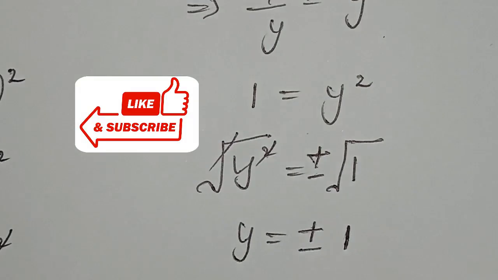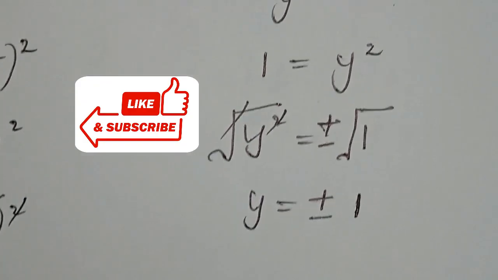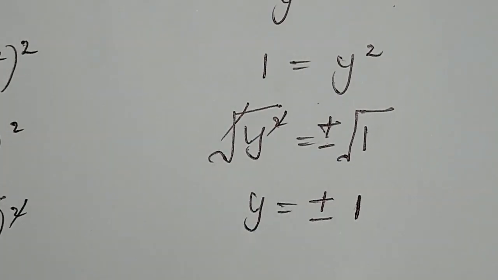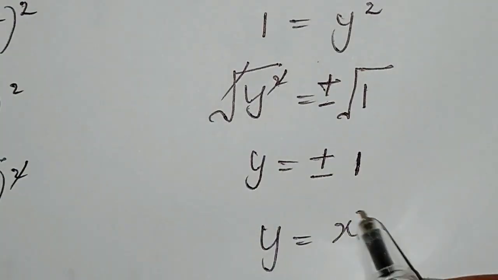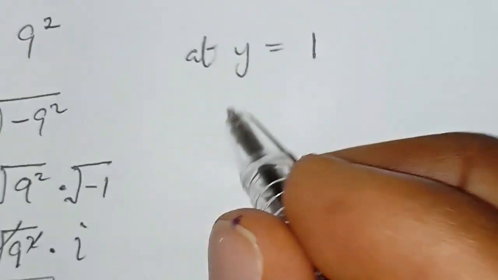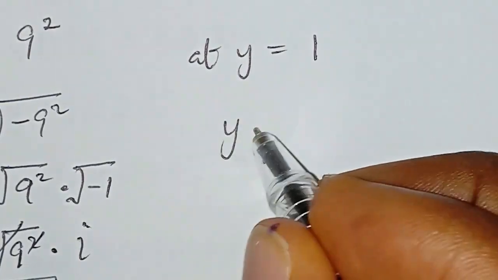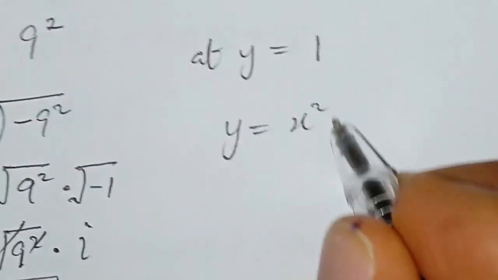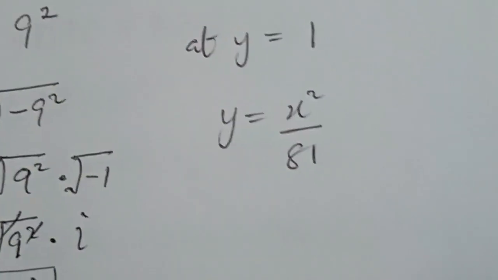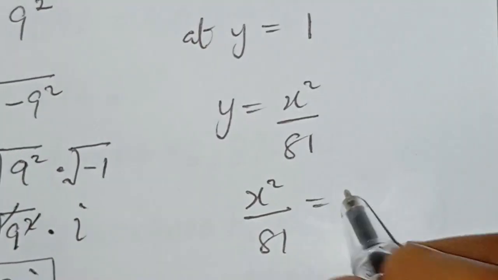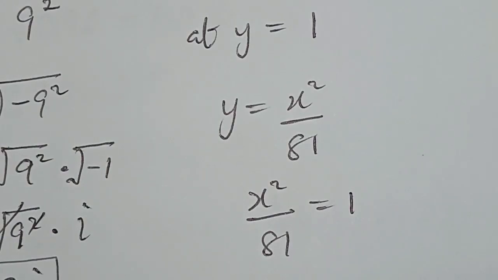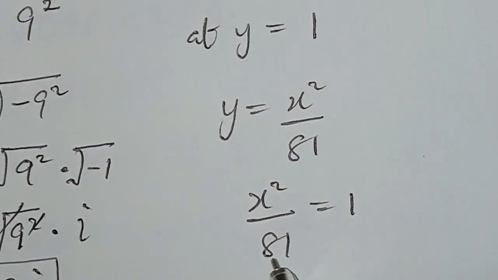Then we substitute our value of y back into what we gave as y earlier. Our y earlier was x squared over 81. At y equal to 1, we have x squared over 81 equal to 1. Then we multiply both sides by 81.